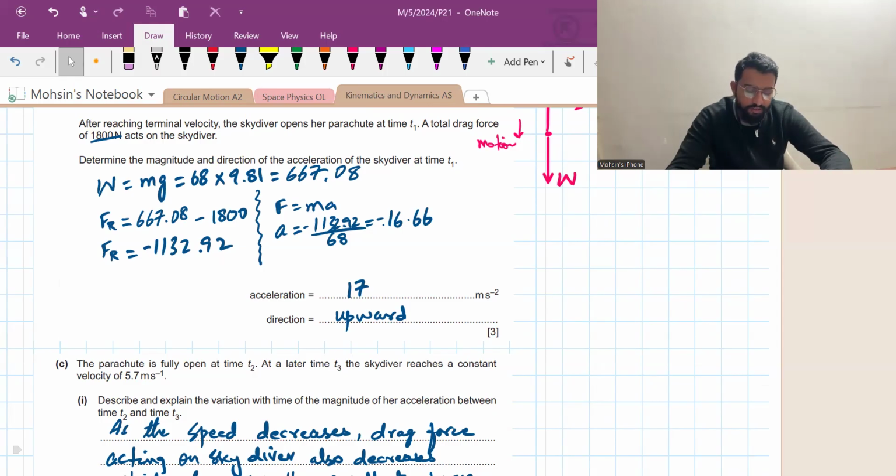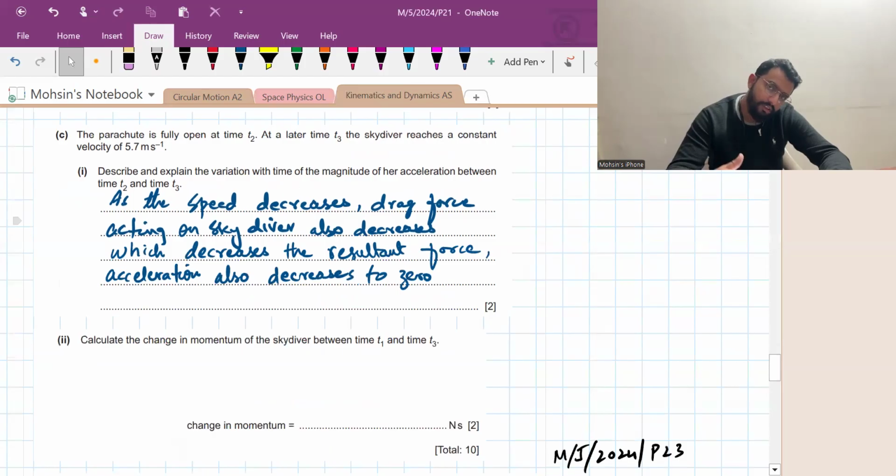Obviously, initially the resultant force was 1132, but if the drag force is only 1000, for example, then 667.08 minus 1000 will give me around minus 300 or 400. So the resultant force is decreased. Force and acceleration are directly proportional. If the resultant force is decreased, then the acceleration will also decrease. And then the skydiver will again reach the terminal velocity, acceleration becomes zero.